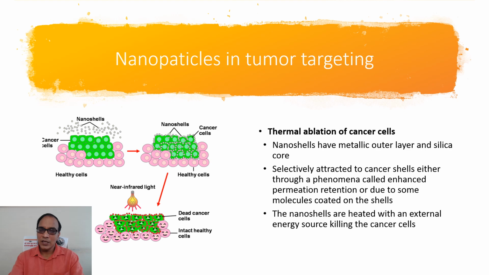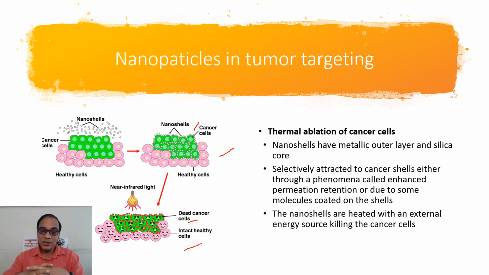The nanoshells, as you can see, are attached to the cancer cells in this aspect, and once the nanoshells attach to the cancer cells, in this second stage, with the help of near IR they are heated with an external energy source like near IR. Then the thermal ablation will occur, and the cancer cell will be dead, and the healthy tissues will remain intact, they won't be affected.